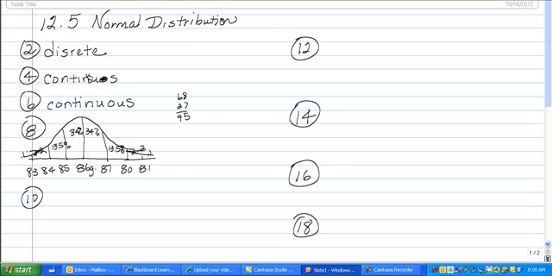Okay, so let's look. In number 8, we want more than 85 grams. So we're talking about this percentage here. Well, remember at this point we have 50% to the right and 50% to the left. So I need to add the 50% in this section here. So let me shade it so we can see what we're looking at. I like to shade them.